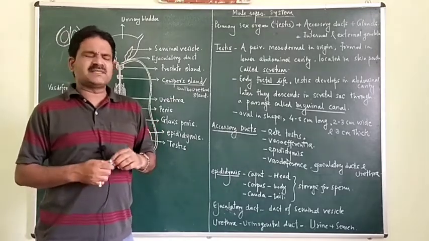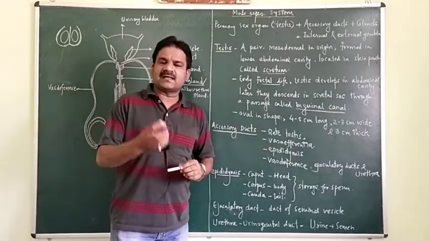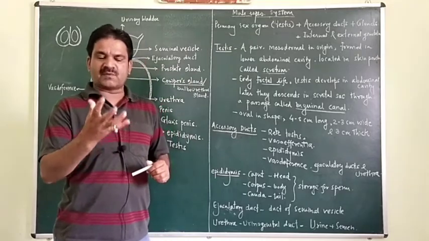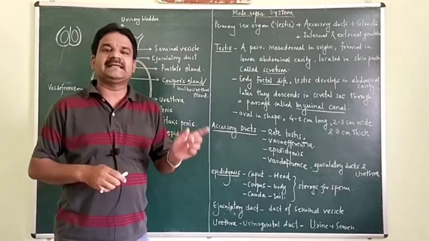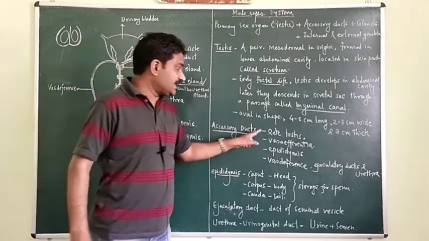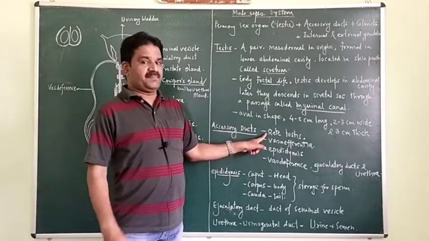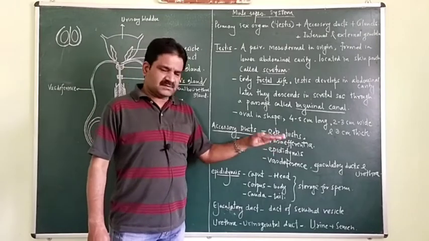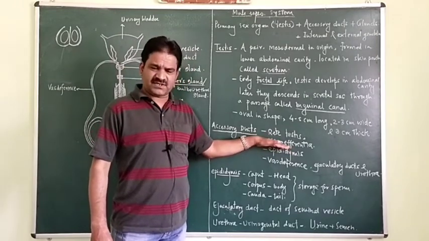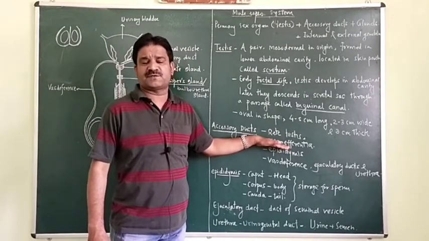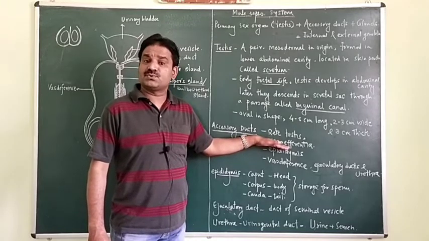Vasa efferentia are the minute ducts which are connected to the rete testis and associated with the epididymis. They help in the transportation of sperm from testis to epididymis.